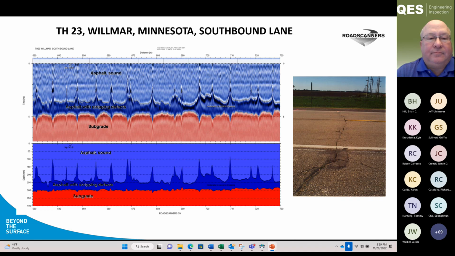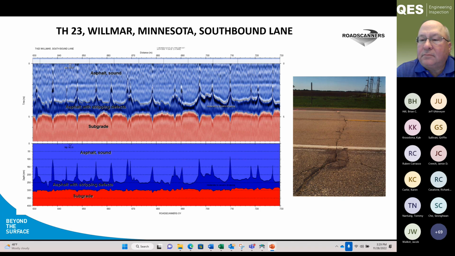Yes. So now this session is very much Minnesota oriented, so it's good to start from Minnesota. This is from the year 2000 when we did the first work in Minnesota with the stripping on Trunk Highway 23 in Willmar. What you can see here is bottom up stripping and these transverse cracks, and the dark blue on the top is GPR data.